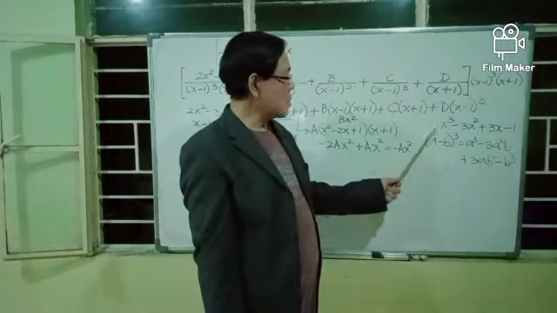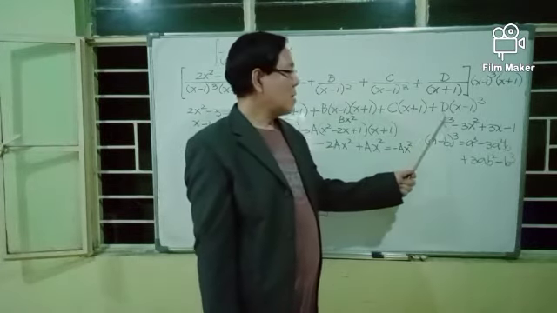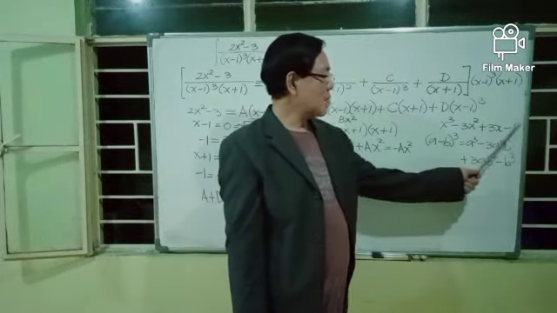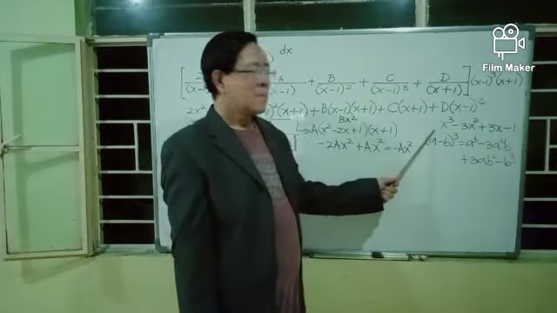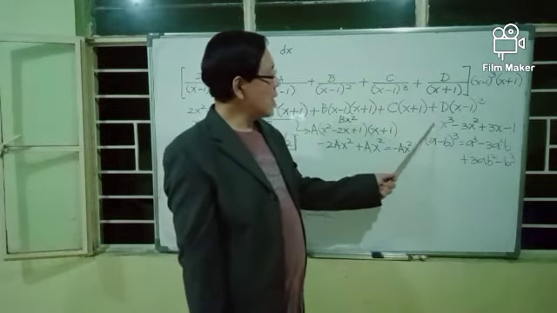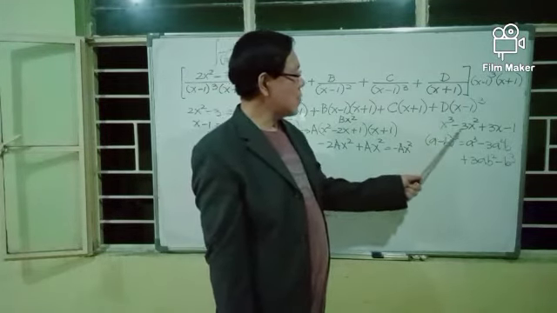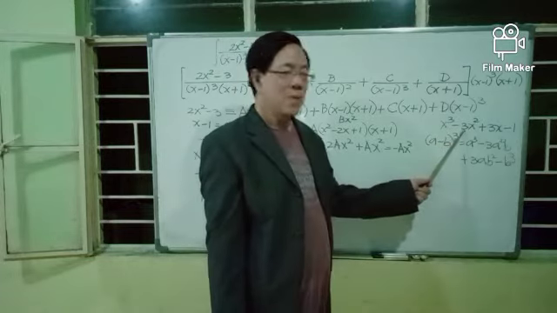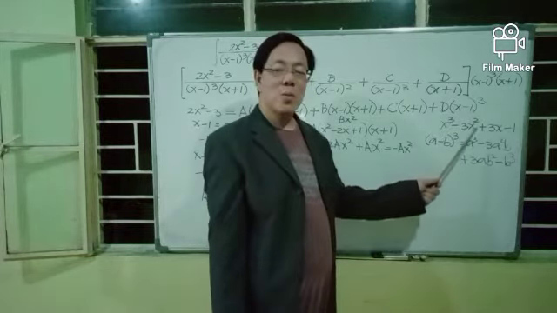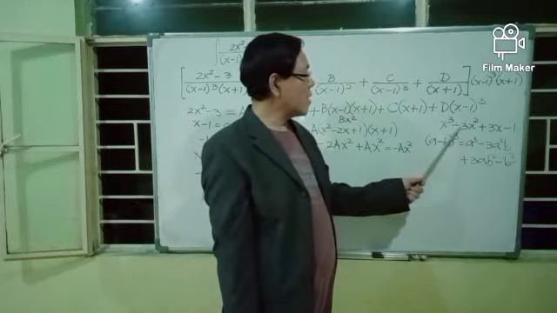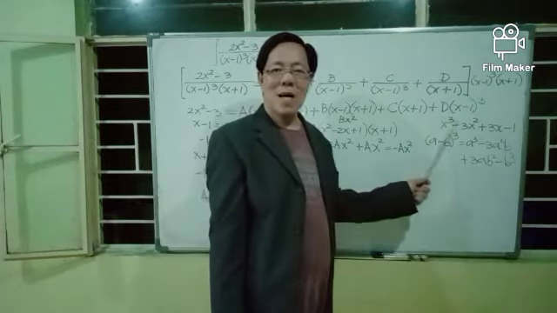And this is multiplied by D. If you multiply this polynomial by D, you will get D multiplied by minus 3x squared. Hence, for the last term, the term with x squared is minus 3Dx squared.